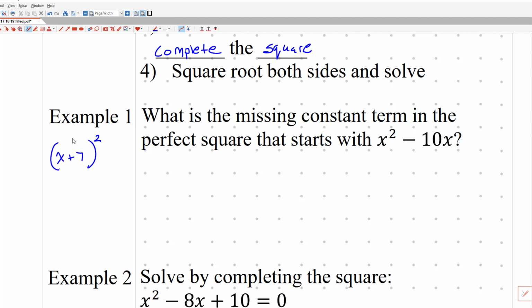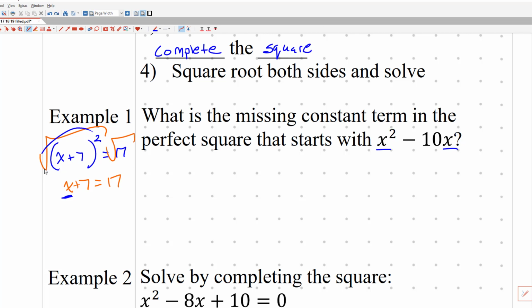If I can contain everything in the square and set that equal to a number, I don't know, 17, again making up numbers, then I can square root both sides. I'm left with x plus 7 is equal to 17. And check it out, if I get it into this form, then I just have one x. There's no two x's with different powers, power of 2, power of 1, right? And it's easy to solve.